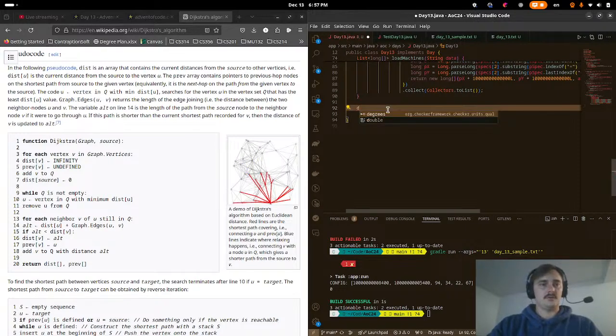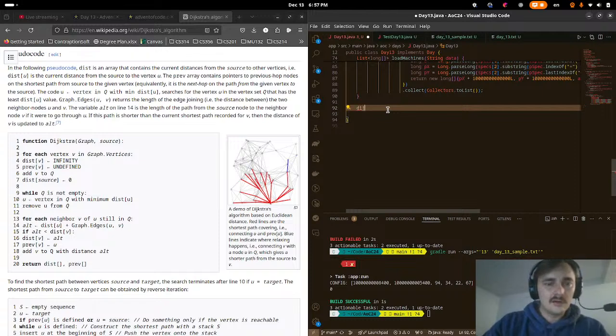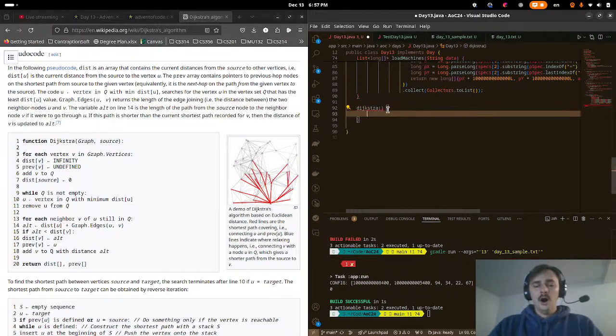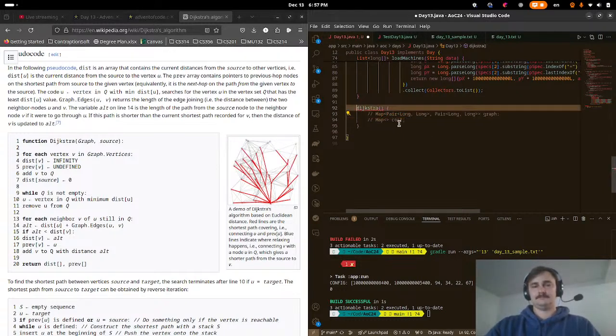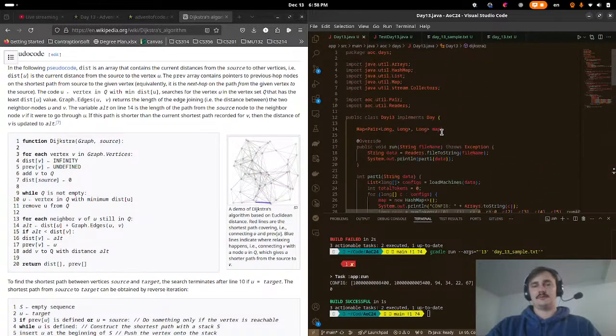How do you even spell Dijkstra? Oh, you need to make the graph first. So you've got to make the graph first.